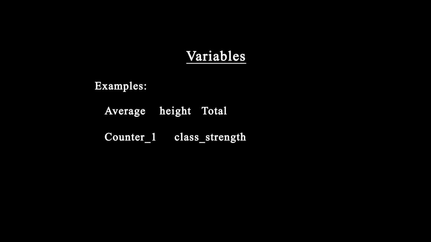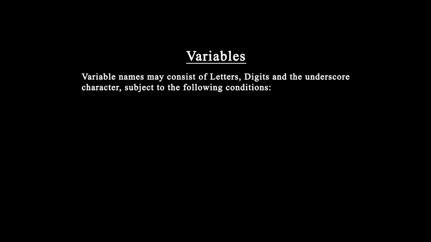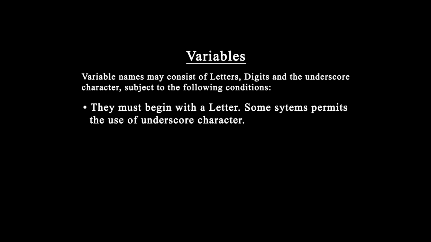And as I mentioned earlier, variable names may consist of letters, digits, and the underscore character, subject to the following conditions. First condition is they must begin with a letter. Some systems permit underscore as the first character, but usually we should begin our variable name with a letter.